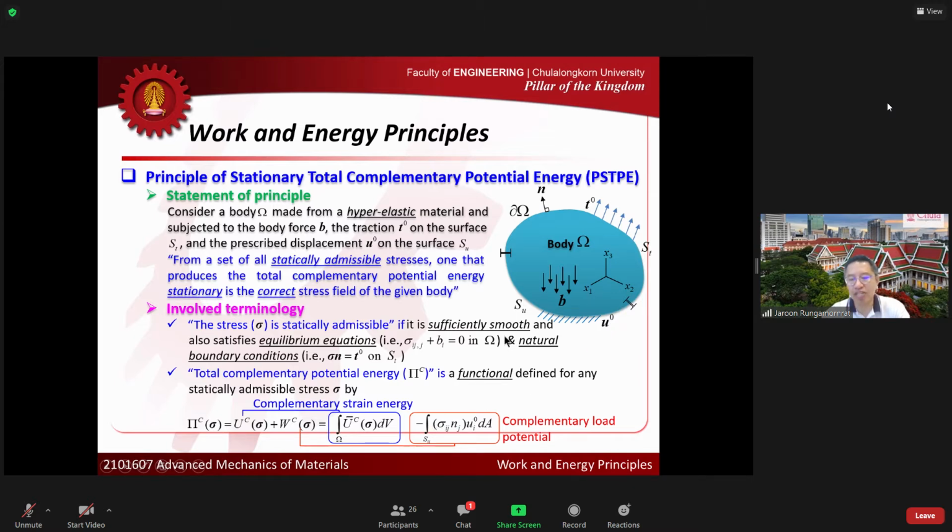Now you perform the integration on that surface SU, and you get WC. Then you combine them, you get pi c. So pi c is simply a functional that maps any function sigma to a real number. If you plug sigma into the expression, you get a real number. It can be positive, zero, or negative, depending on sigma.